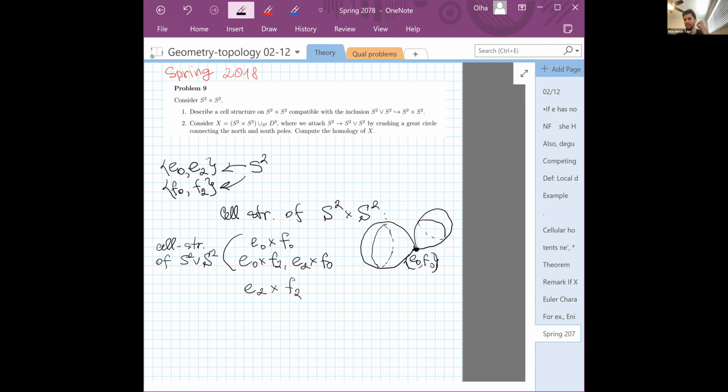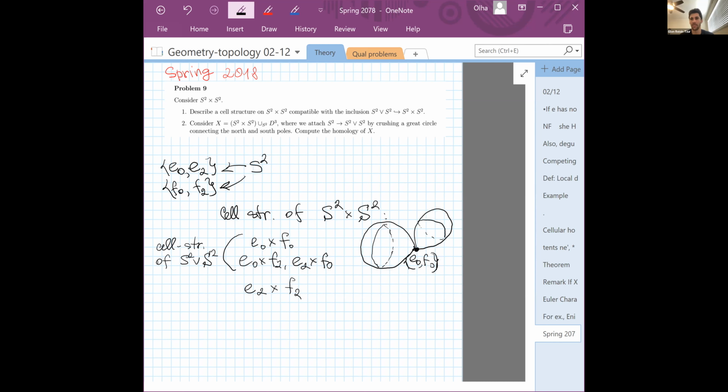Yeah. And you might want to convince yourself that it's actually a 4 cell. But it is. Wait, why? Well, for a cell complex you need cells, right? This E2 cross F2 has to actually be some n-dimensional cell.